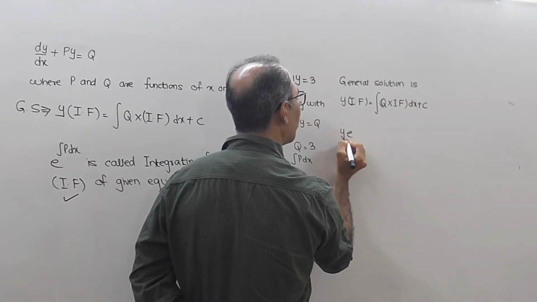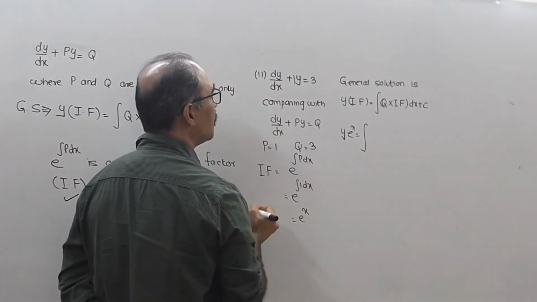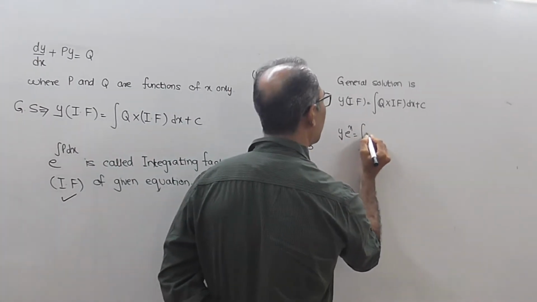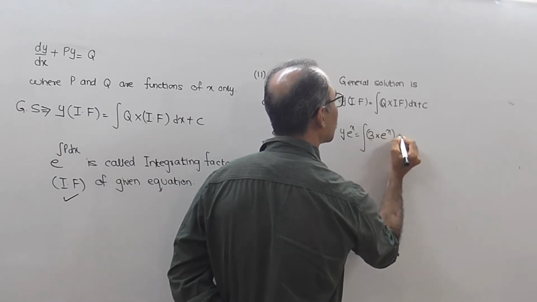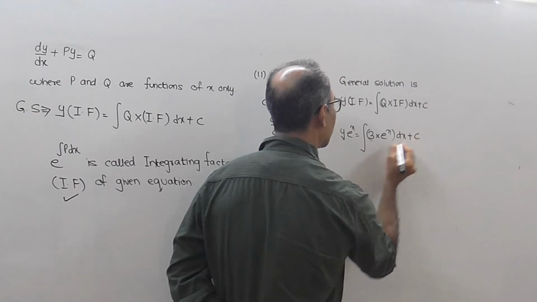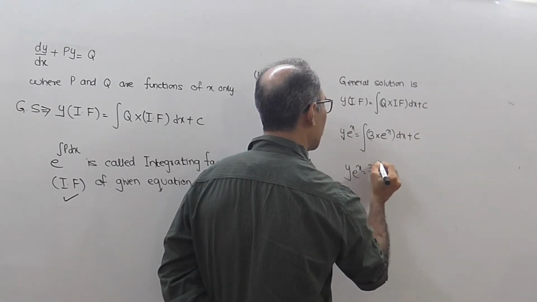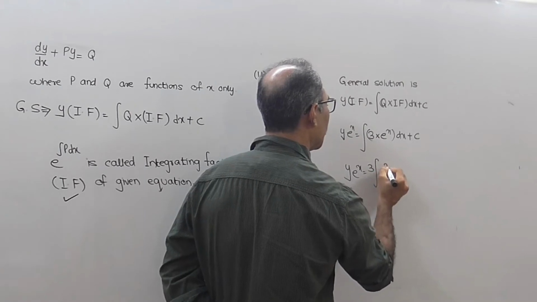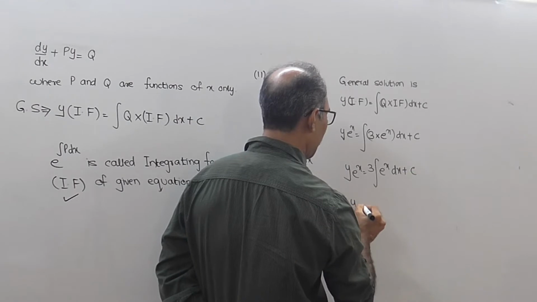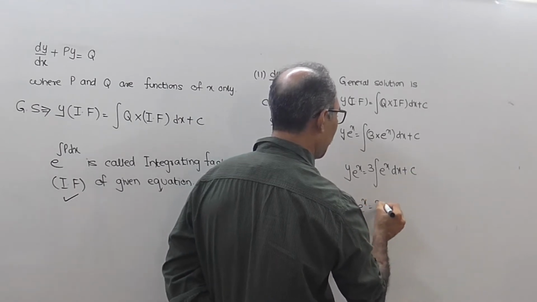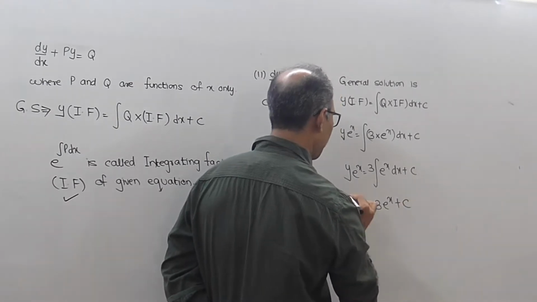Y times the integrating factor e raised to x equals integration. What is the value for Q? 3 multiplied by integrating factor e raised to x dx plus c. So we get y e raised to x equal to 3 integration e raised to x dx plus c. That is y e raised to x equals 3 times e raised to x, since the integration of e raised to x dx is e raised to x, plus c.